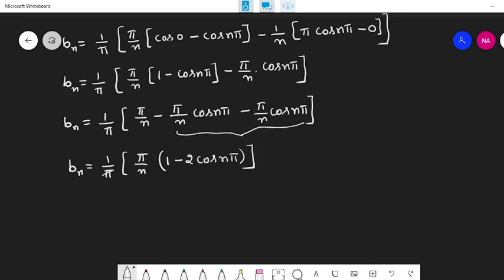Now this pi cancels with this, and we know that the value of cos n pi is minus 1 power n. So it becomes Bn equal to 1 minus 2 into minus 1 power n divided by n.